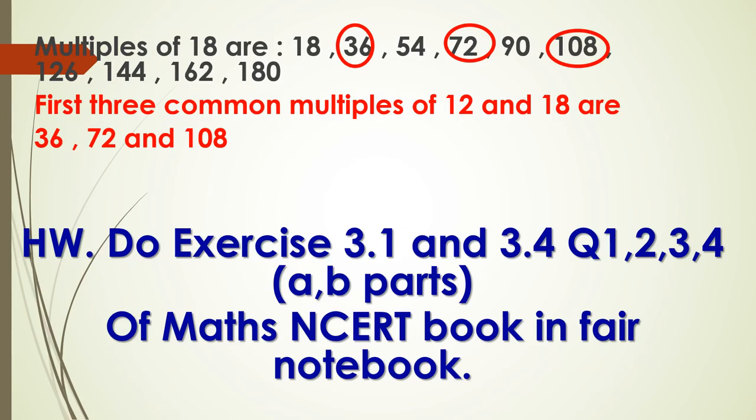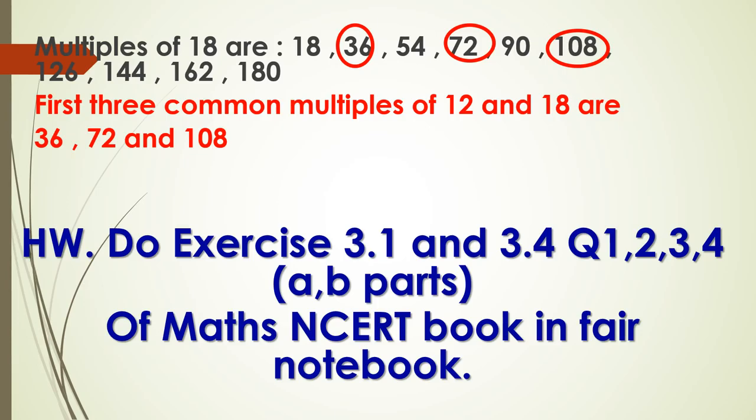So what we have read today, let us recapitulate once. First of all, we have done factors and multiples. What are factors and multiples? Each of the numbers which are multiplied together is called a factor, and the product is called the multiple of each factor. Then we have done some rules, or we can say some facts that we observe. 1 is a factor of every number.